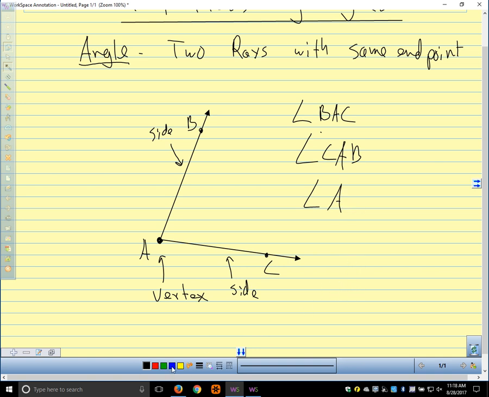What if I had a little number 3 in here? We could call that angle 3. All 4 of those would be fine ways to name that angle. All right, we're good with our vocabulary there.